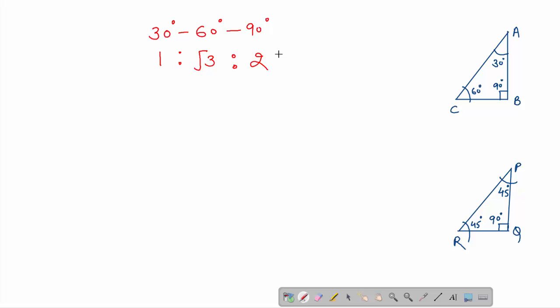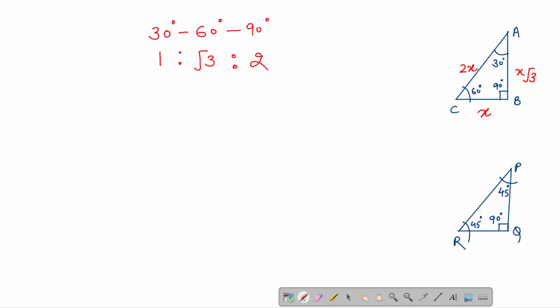What do you mean by this? If BC, you can see that is the length opposite to angle 30 degree, if its length is x, then the length of the side which is opposite to 60 degree angle will be x root 3. You can see the ratio 1:root 3, so we are just multiplying it by x. And the length of the side AC which is opposite to 90 degree angle will be 2x.